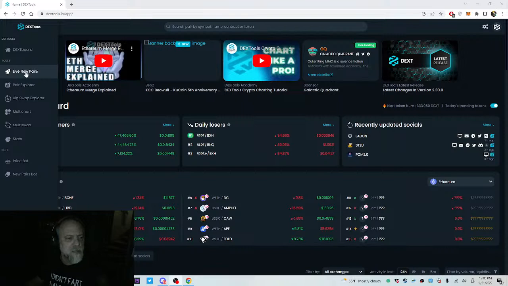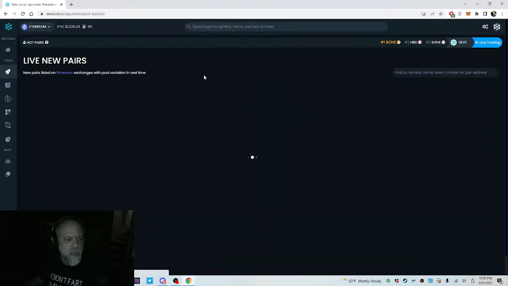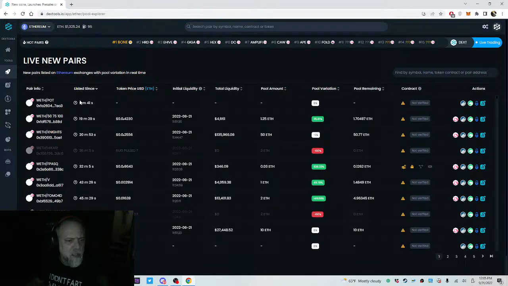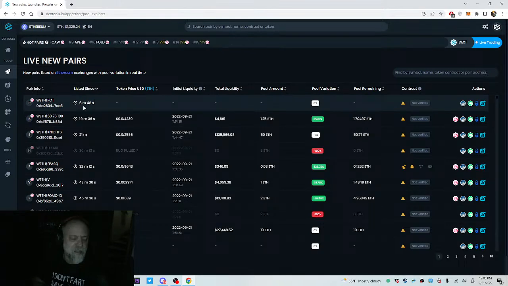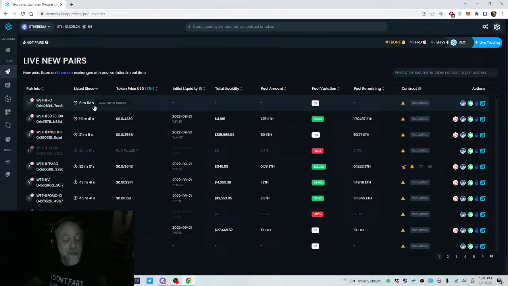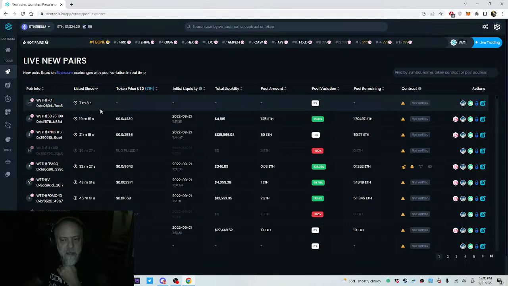We're going to live new pairs, and whenever we bring up live new pairs, the first thing we need to pay attention to is the fact that as they get put onto the Ethereum blockchain, they get put on in time order, which means that as soon as they're loaded up onto the Ethereum blockchain, they get posted here.